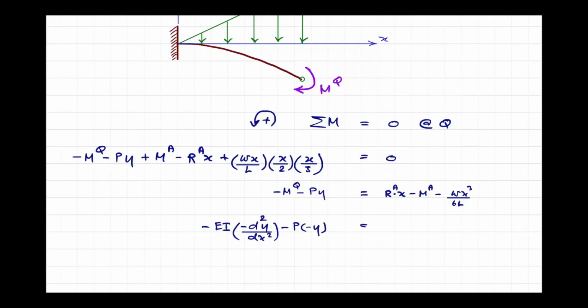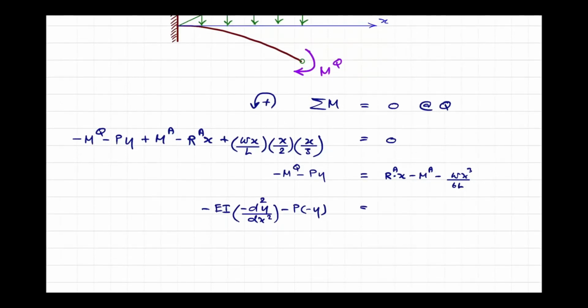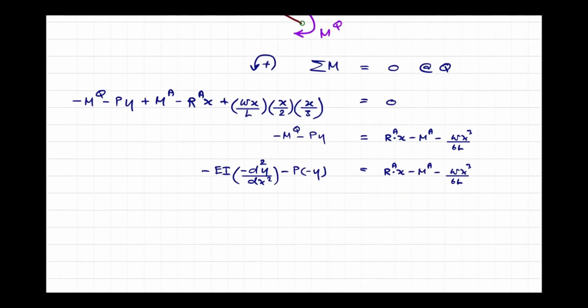We need to neutralize it, and that's exactly the same for the right hand side. And that is the second derivative of y, plus k squared y, equals RAX over EI minus MA over EI minus WX cubed over 6LEI.